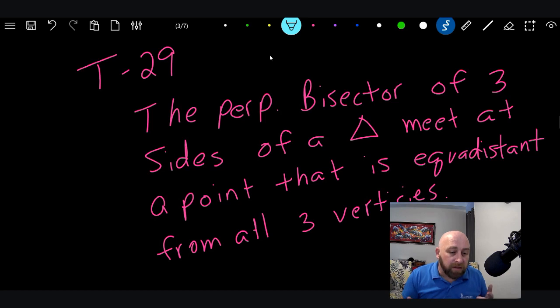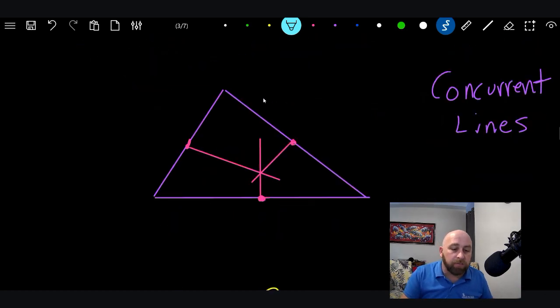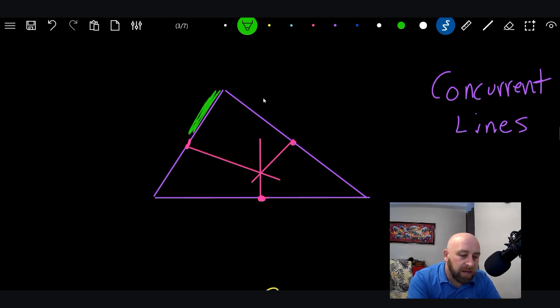The perpendicular bisector of the sides. So if we go down to a triangle, I've got one down here, and if we take the bisector of this line, it is bisected right there at that point, so maybe this is 4 and this is 4. In other words, we're cutting that line in half.